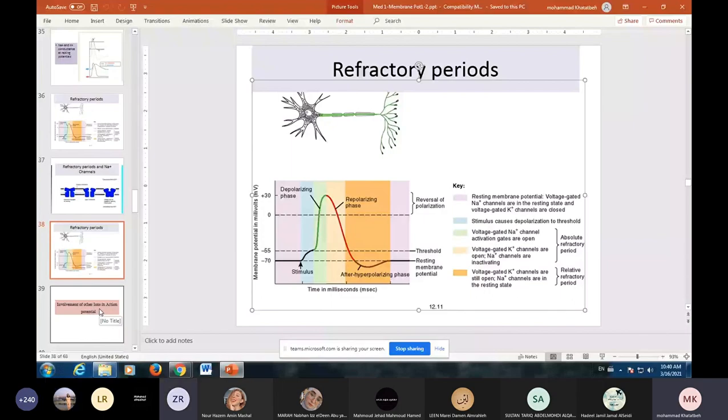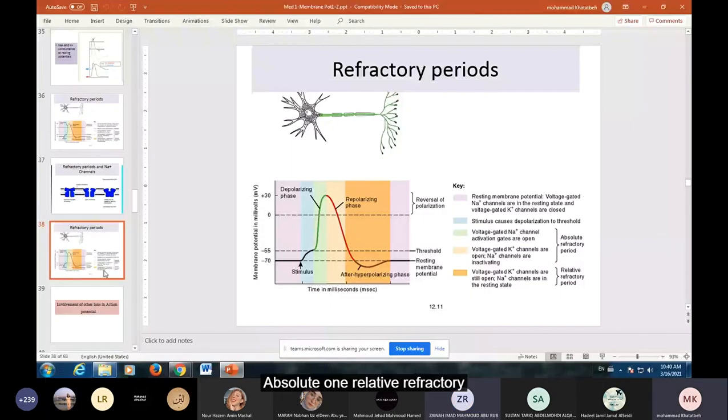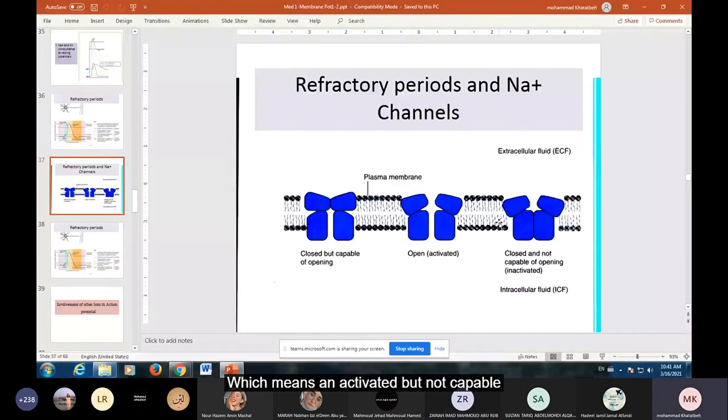Okay, now go ahead. Just to confirm, in the absolute and relative refractory periods, the Na channels are inactivated. Yes, they are closed, which means inactivated, but not capable of opening. What we mean by not capable, this is the third state in which we can have the sodium channel. They are not capable of opening.